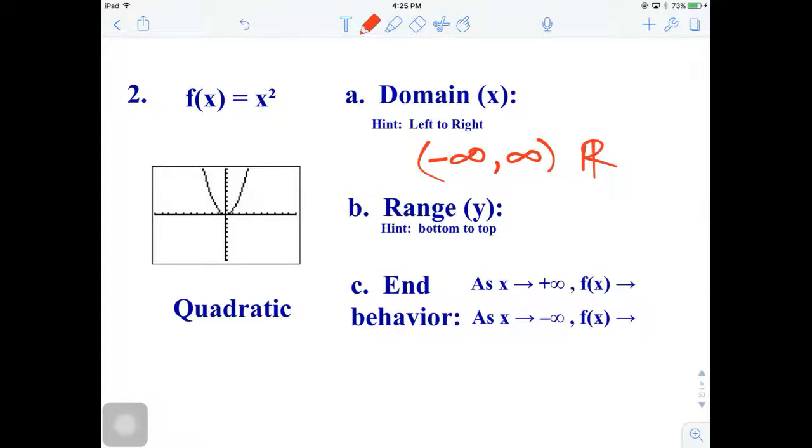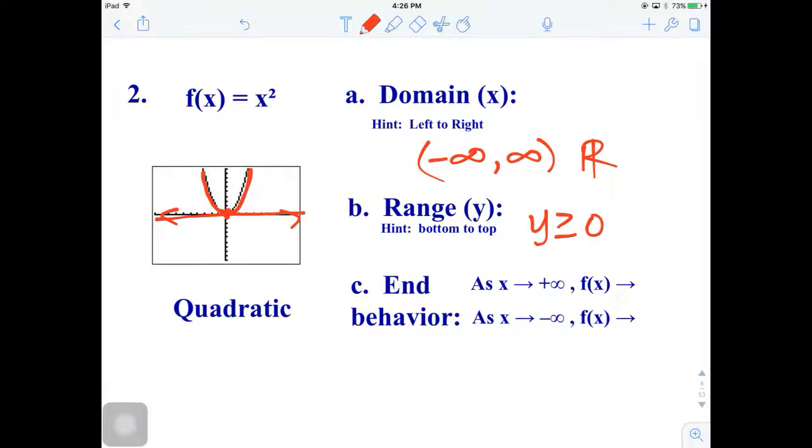The range, notice that there is a stop. The lowest point of this graph is going to be at 0, that's at the x-axis. There is nothing below the x-axis, so absolutely empty right here. That's why the range is that the graph is above 0.